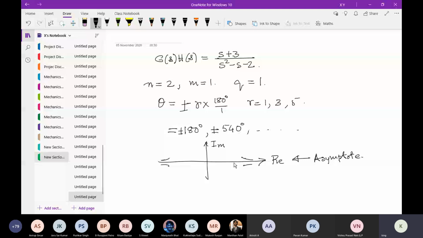That means the curve itself will lie on the asymptote. Let me go for a more complicated example.